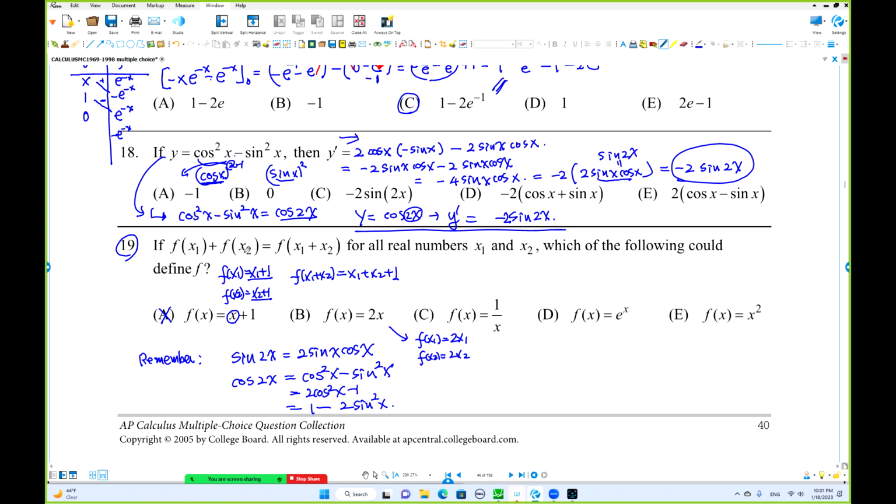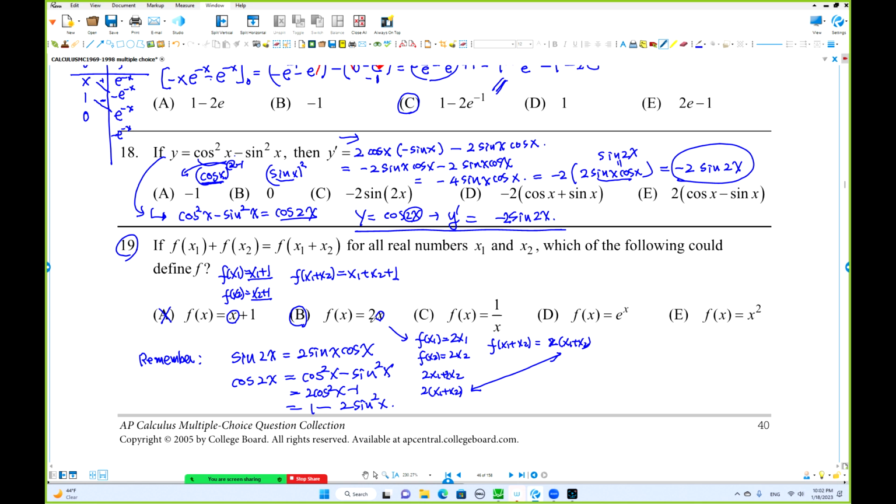F of x1 plus f of x2 is 2 times x1 plus x2. The second one is f of x1 plus x2. Put x1 plus x2 into x, and it's 2 times x1 plus x2, equal to this one. That is true.